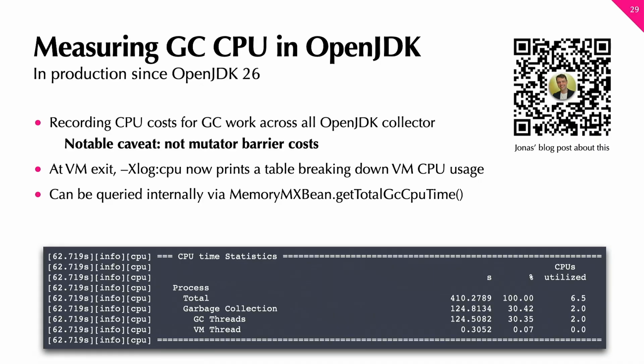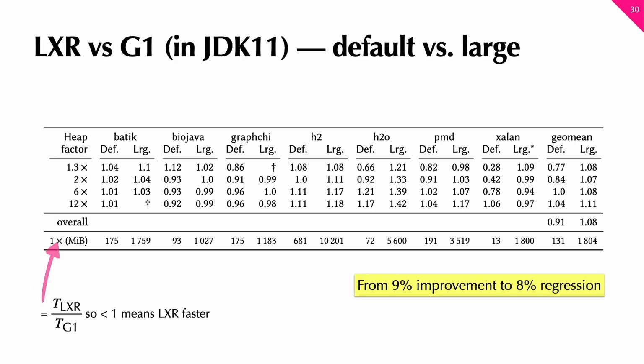So you could use that, for example, to build an adaptive GC that looked at what's the cost profile, what is the amount of CPU I'm willing to spend on GC, and adjust using that number, for example. All right, good.